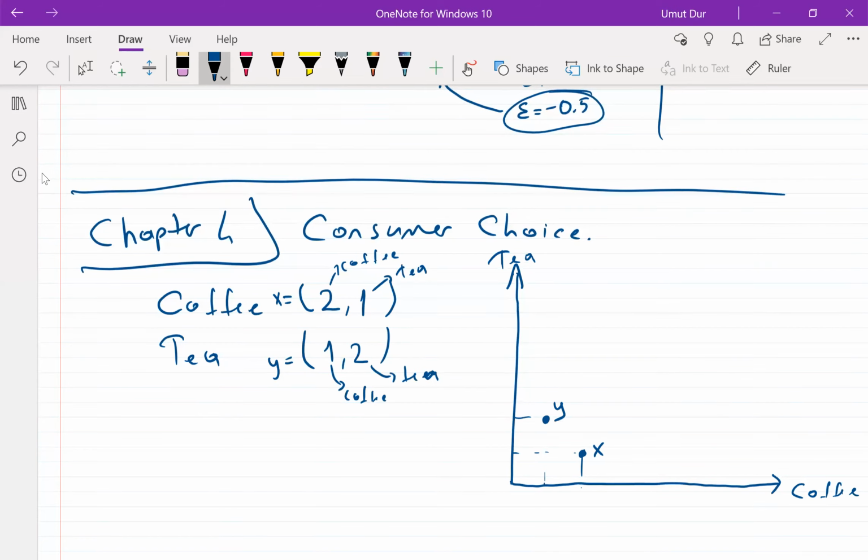It depends on our taste. Of course, but I'm asking you. Based on your taste, if you are a coffee person, do you prefer bundle X, or if you are a tea person, do you prefer bundle Y? Bundle X hocam. X.